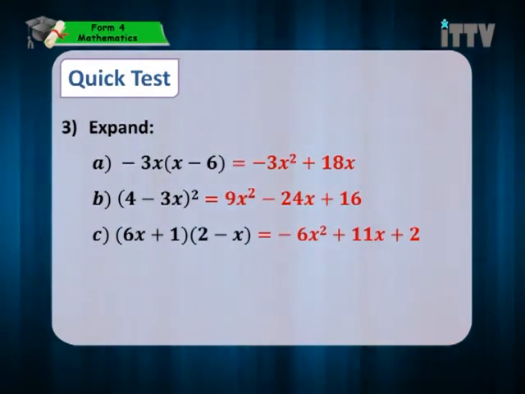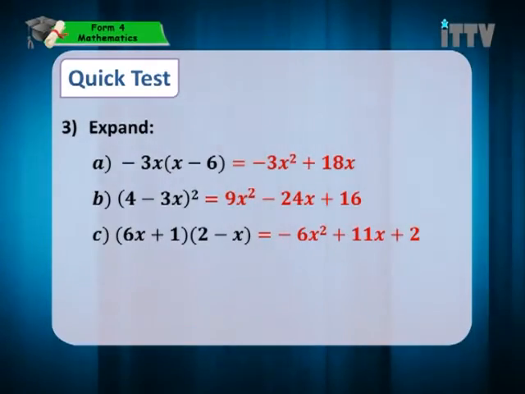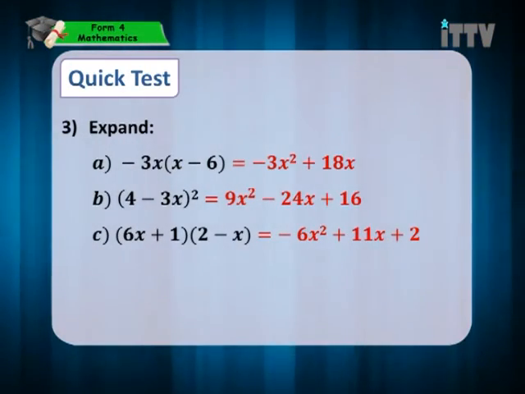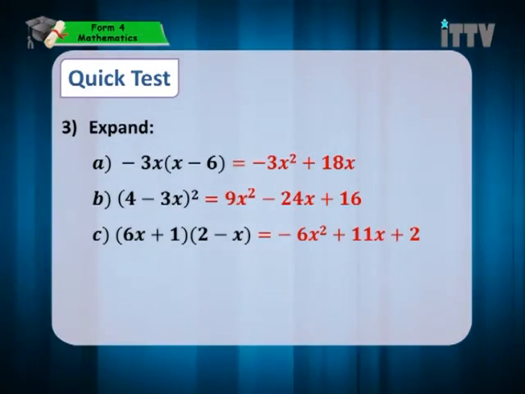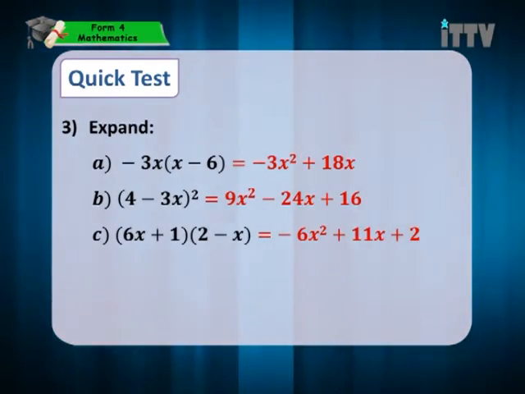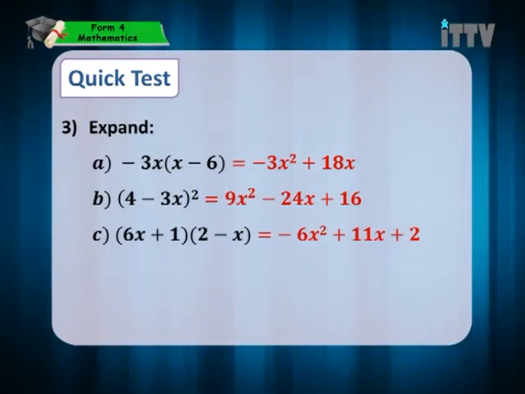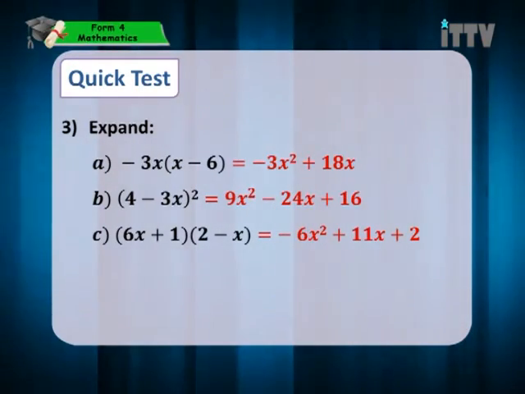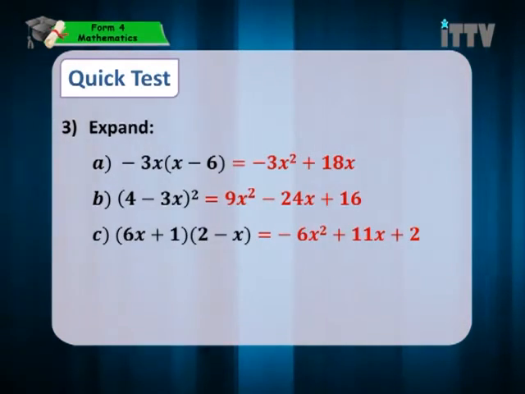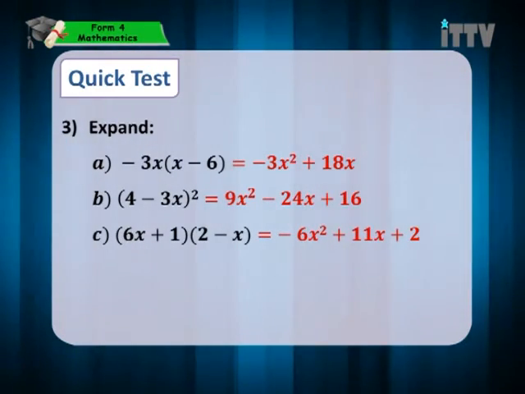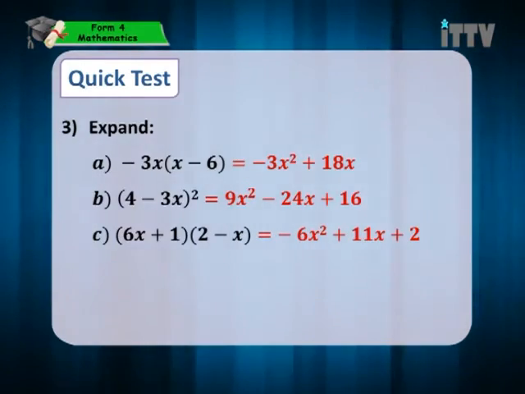For B, (4 minus 3x) squared is 9x squared minus 24x plus 16. And for C, you'll obtain the quadratic expression from (6x plus 1) and (2 minus x), and it is negative 6x squared plus 11x plus 2.